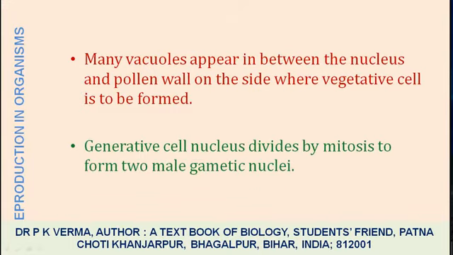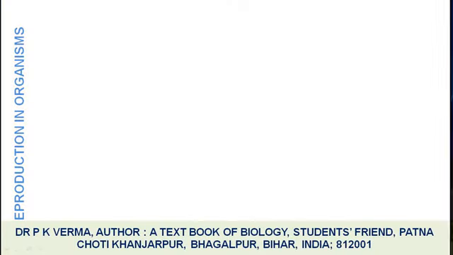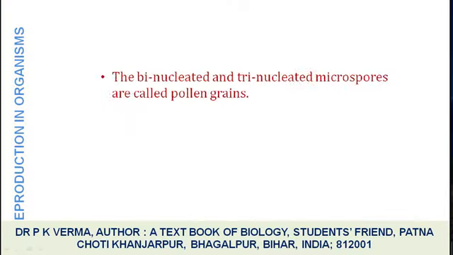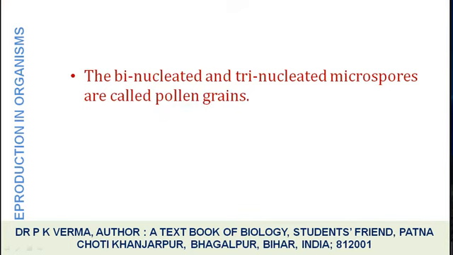The generative cell that has a haploid nucleus divides once by mitosis and forms two male gametic nuclei. Thus, after formation of two nuclei, vegetative and generative, or three nuclei, vegetative and two gametic nuclei, the microspores are called pollen grains.